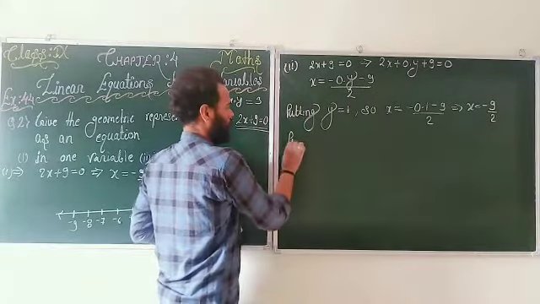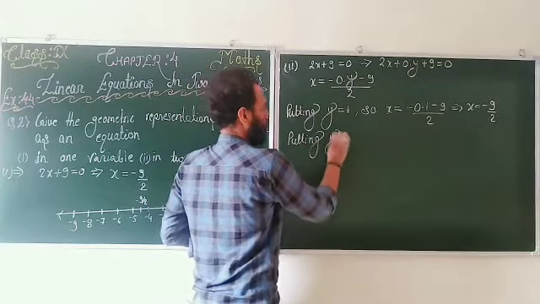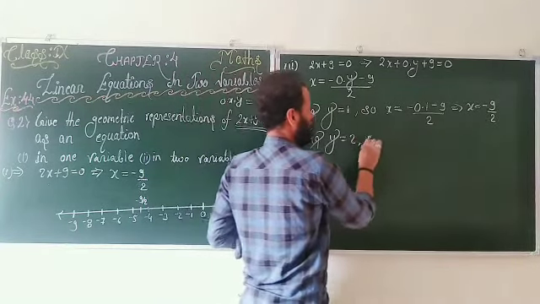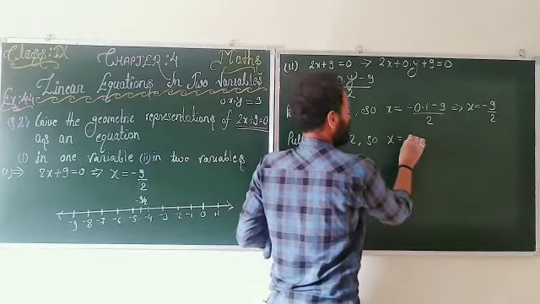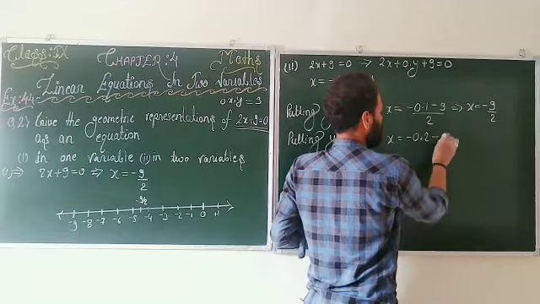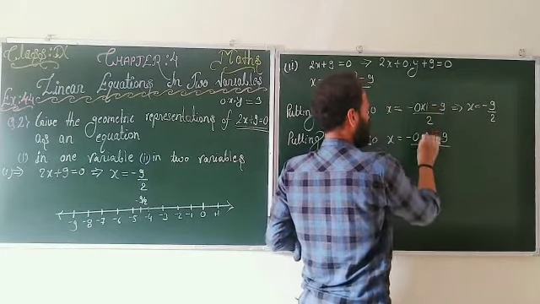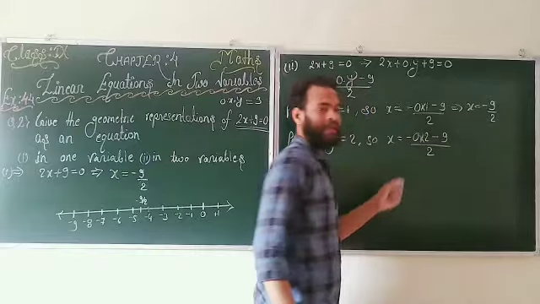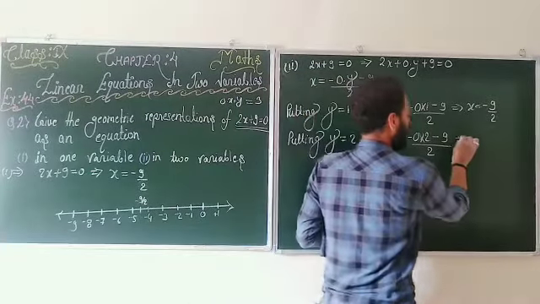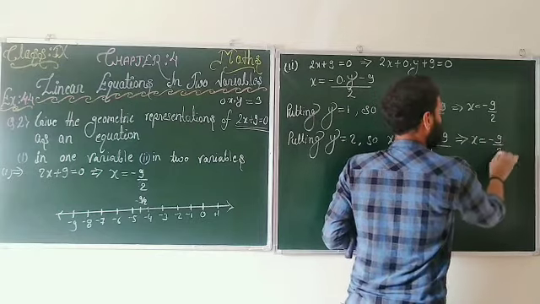And when we put y is equal to 2, again we get x equal to minus 0 into 2 minus 9 upon 2. We can put a point or we can put the sign of multiplication. So again we get the same value of x, that is minus 9 upon 2.